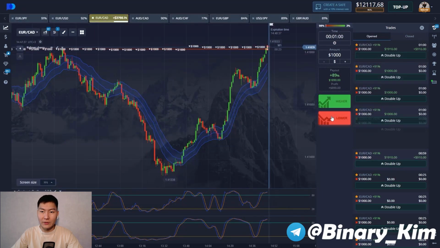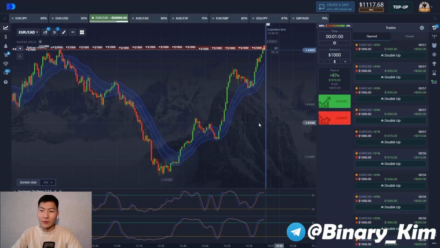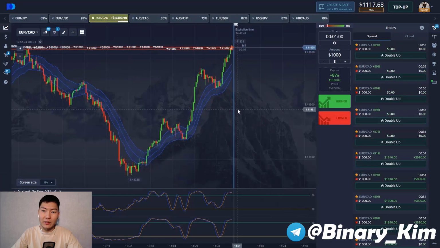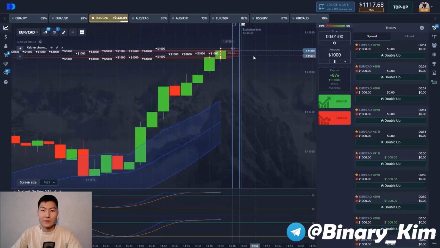We open an extra position for the whole deposit amount, and we are going to expect this breakdown, guys. So now things are really heating up, but these positions should be in profit in any case.